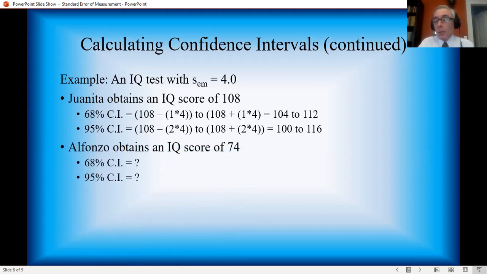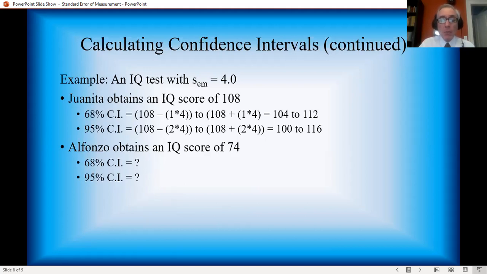And so now let's have you try one. Again, I'll walk you through it as well, but our little friend Alfonso obtains an IQ score of just 74. Poor little Alfonso. So what are the confidence intervals around Alfonso's score? 68%, 95%.